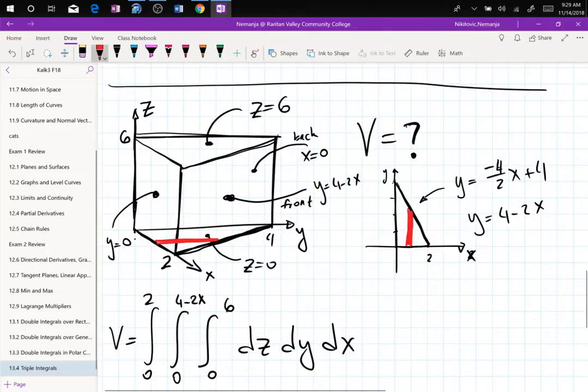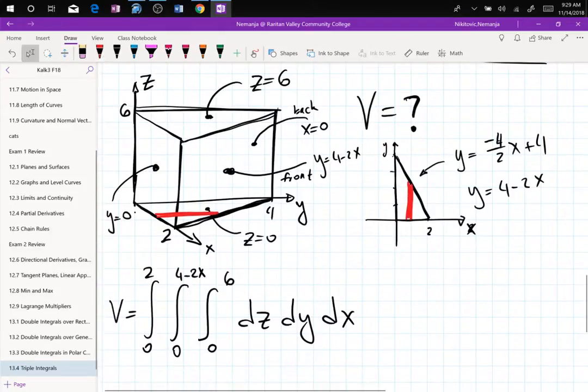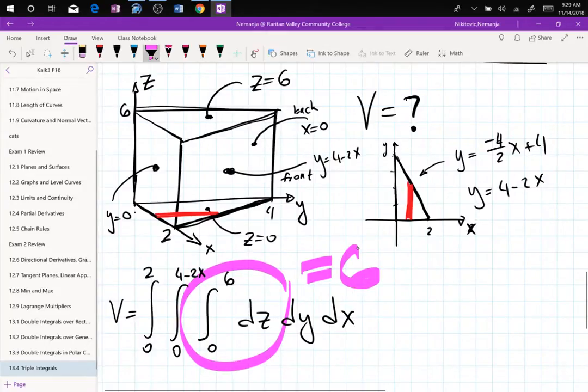Bueno? So we're technically focusing only on the double integral, and then we just squeeze the z in with a 6. Now, anytime you have a single integral like this, 0 to a number, that's just immediately going to be equal to 6, right? Because the integral of dz is z, and then you plug in 6 minus 0. So you might as well memorize it immediately: anytime you see this situation, it's immediately whatever the limit is.